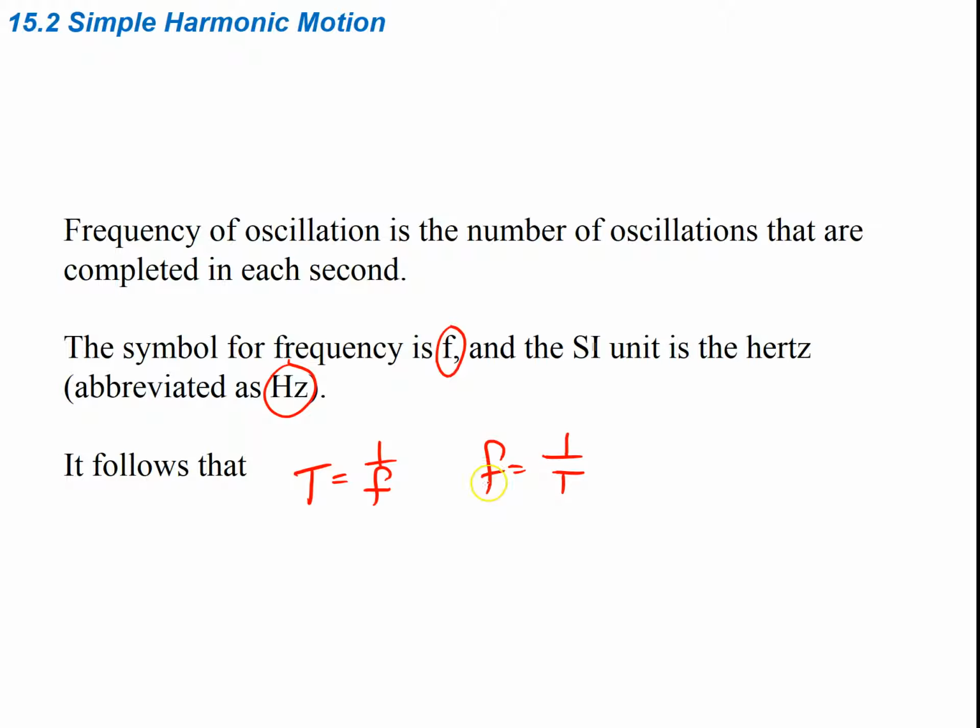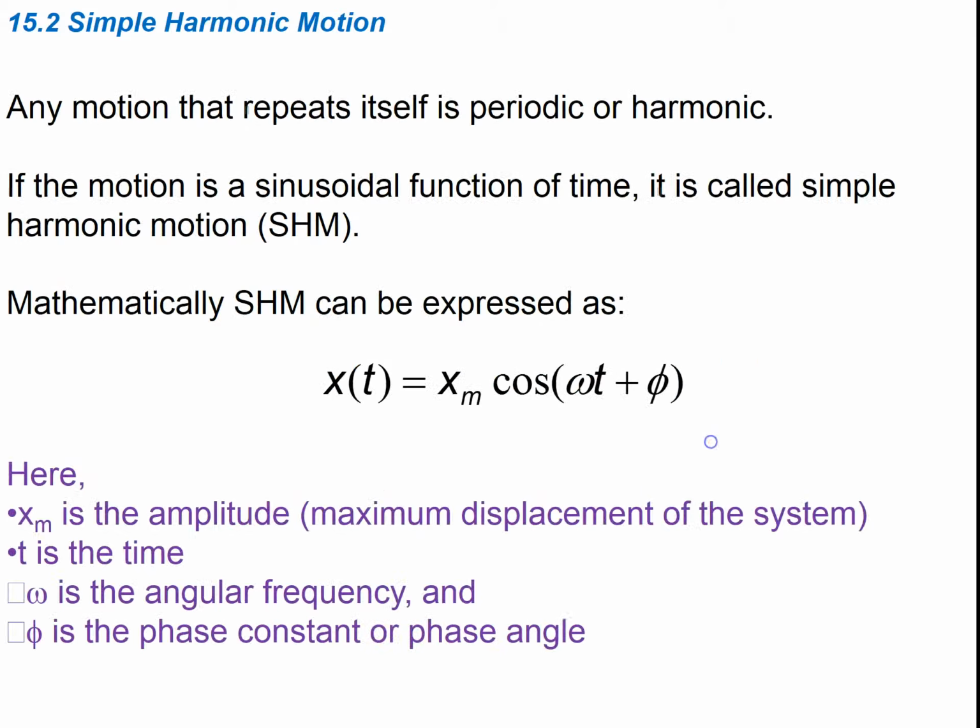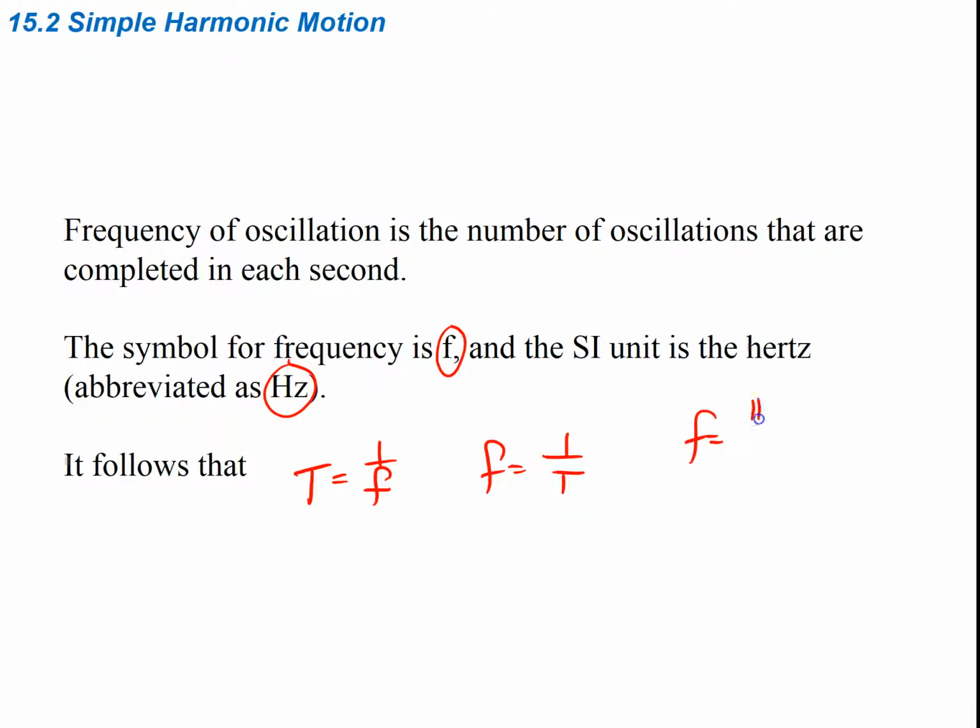Because again, the frequency is however many oscillations per amount of time. If the period is the amount of time it takes for 1 oscillation, that's going to give us our frequency.